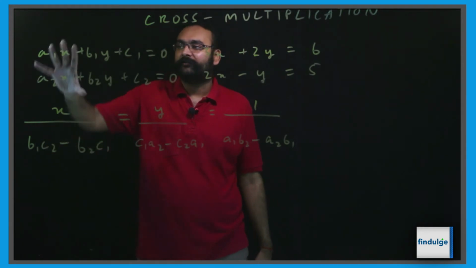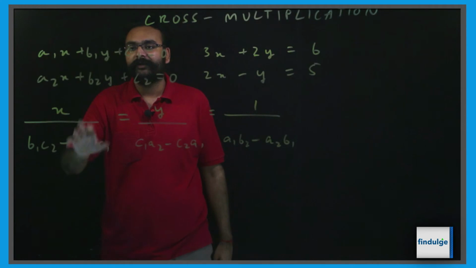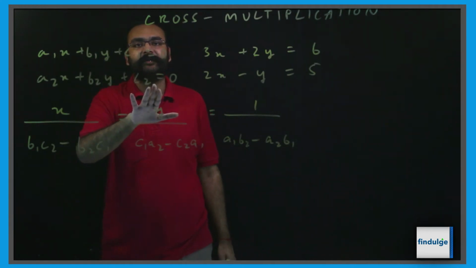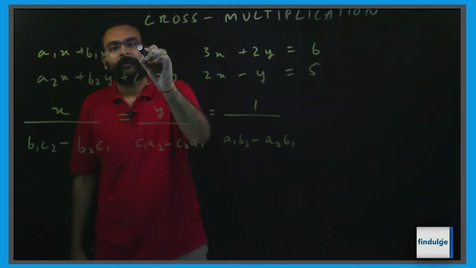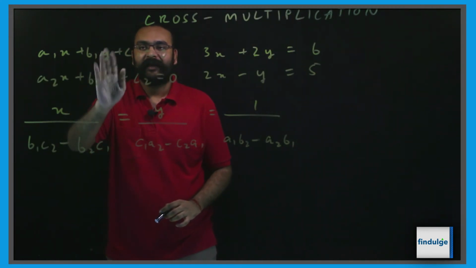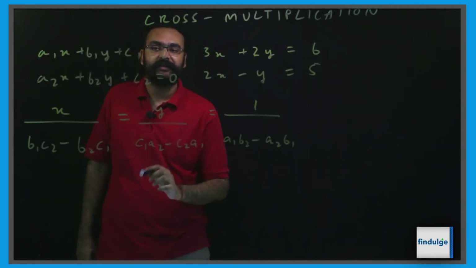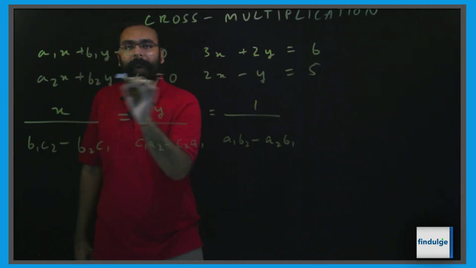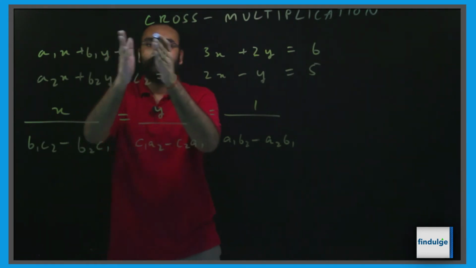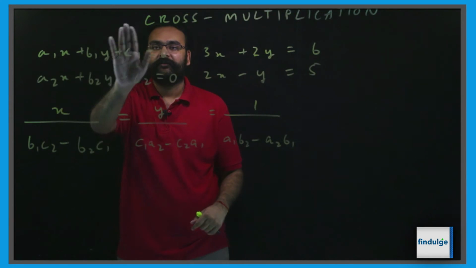In the denominator, when I have x, forget about x. Left with b1c1, b2c2. b1c2 minus b2c1. Move to y, forget about y. To the right of y I have c, c1a2 minus c2a1. Move to the side, I have no variable, so just a constant. Forgetting about that.